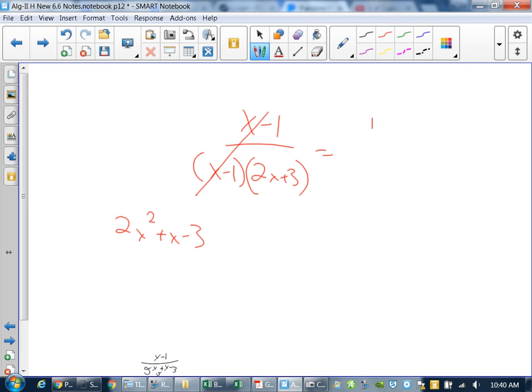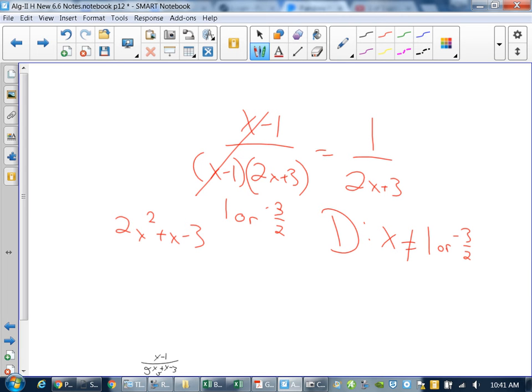No. So the answer would be 2x plus 3, but go back to the original problem. What was the domain restriction of the original denominator? You couldn't have x equal to 1 or 3 halves. So your domain for this problem would have been all x not equal to 1 or negative 3 halves.